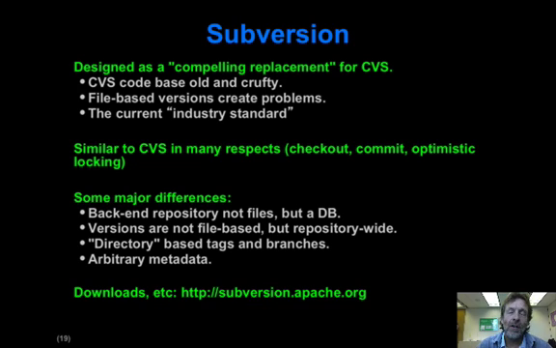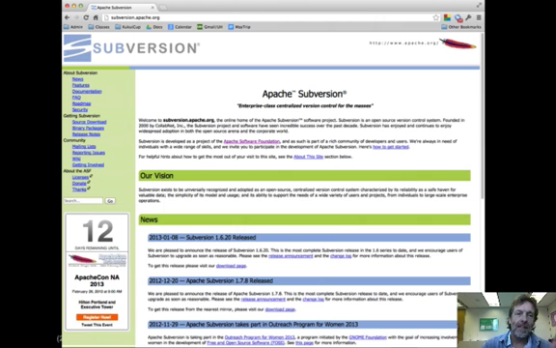But at any rate, for now, Subversion, I think, is probably the most popular form of open source configuration management system. It has the same basic paradigm as CVS. The difference is really just a smarter implementation using a database and supporting metadata and some other minor things. This is the homepage for Subversion.